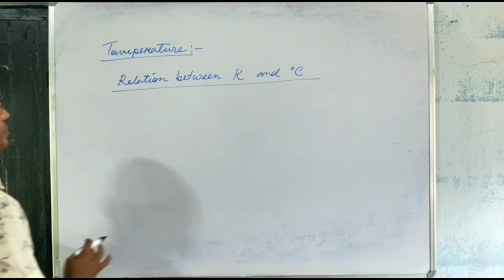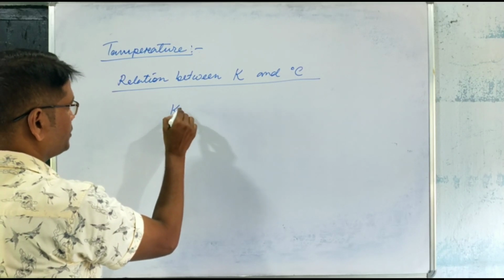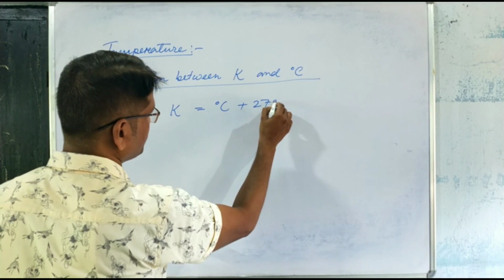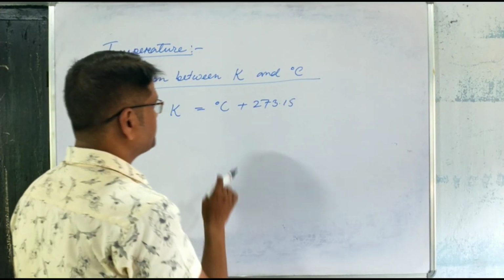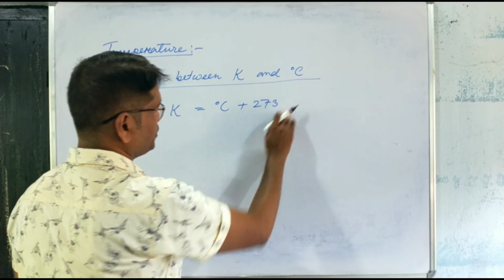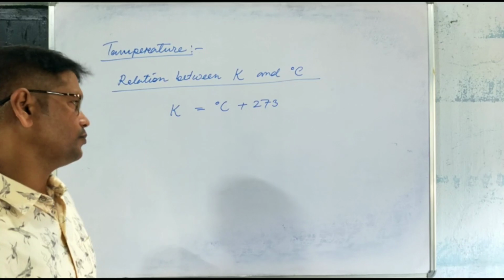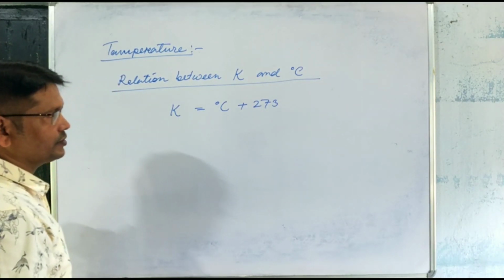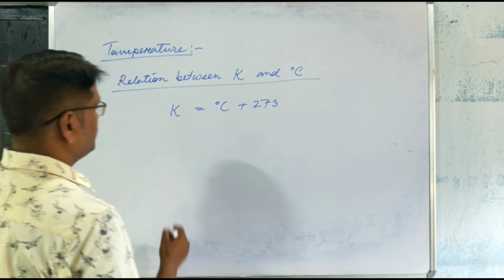The relation is actually Kelvin is equal to degree Celsius plus 273.15, but for simplicity we use 273. Actually it is 273.15. So this way we can convert degree Celsius to Kelvin or Kelvin to degree Celsius.